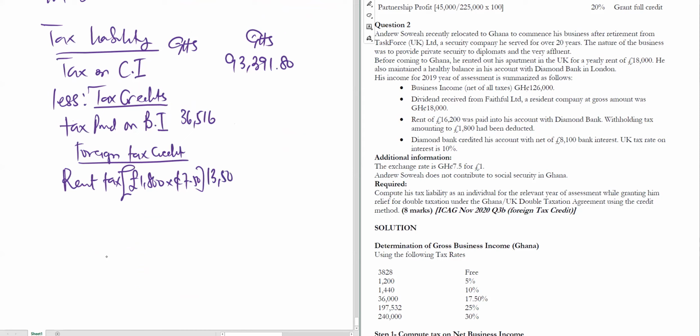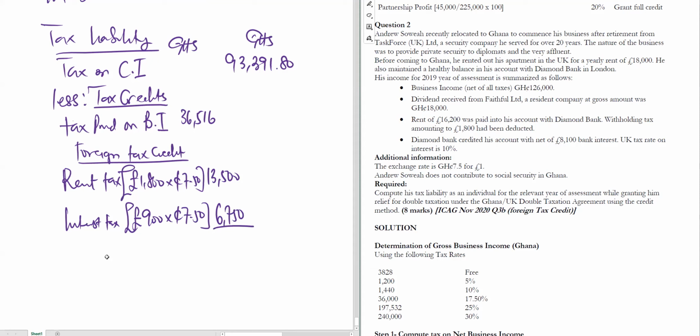Then we had what? Interest tax. And interest they took 900 pounds out of 9,000. So this also by 7.50, 6,750.